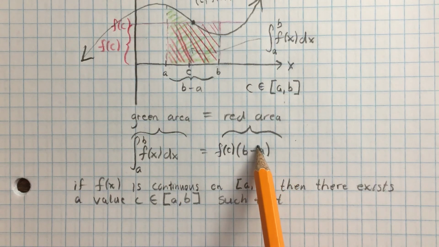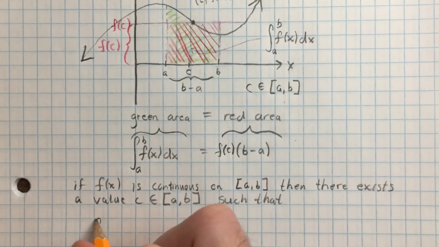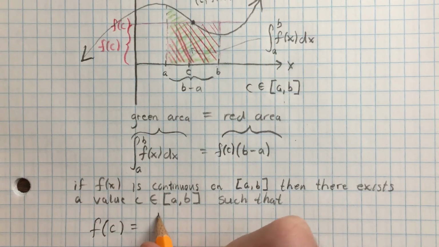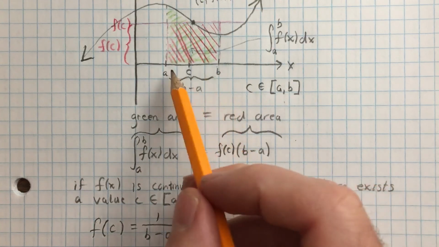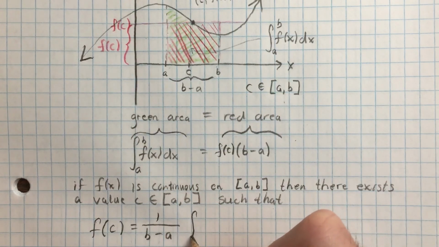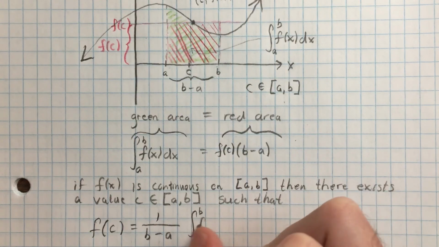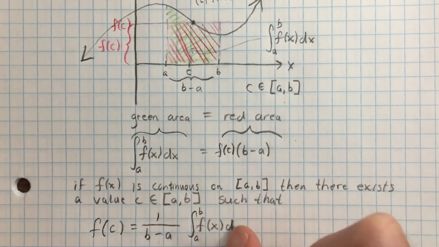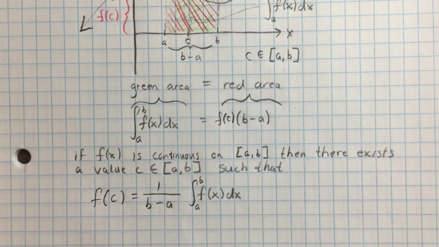Only I'm going to divide off the b minus a from both sides. So it will look like this, that the function will have a value which is equal to 1 over the displacement here, times the integral. So there's the mean value theorem for integrals.